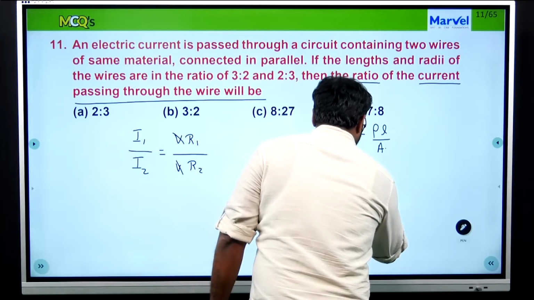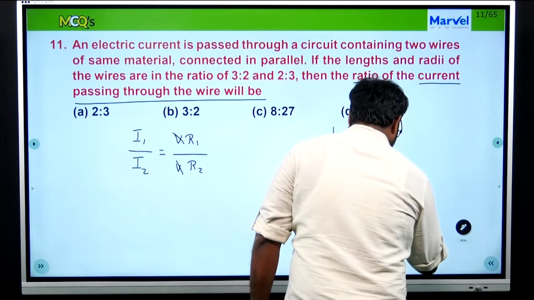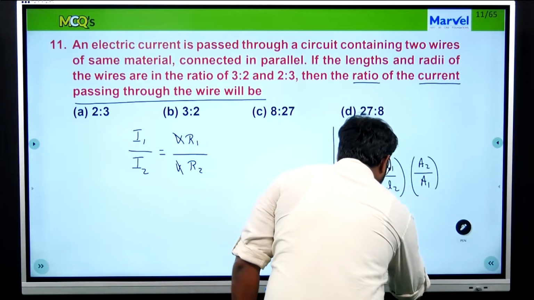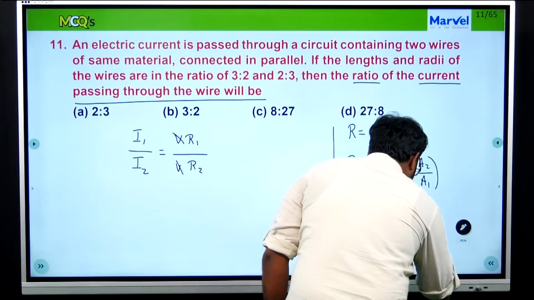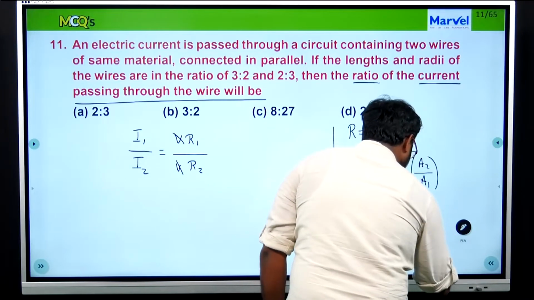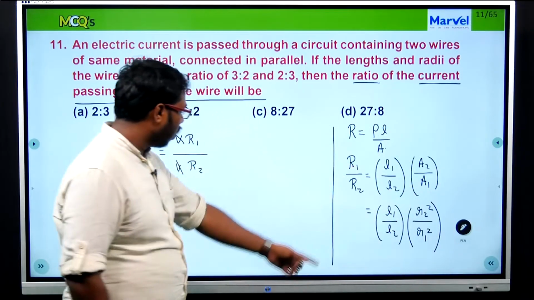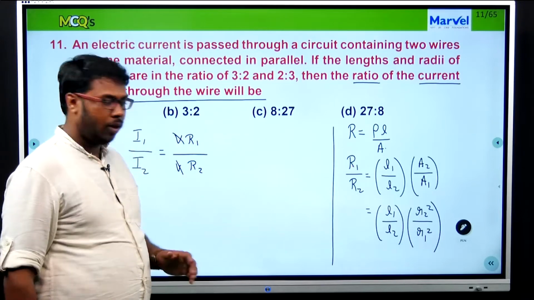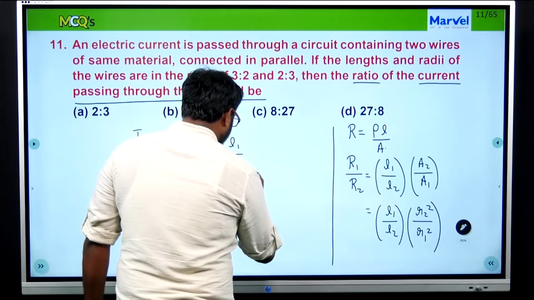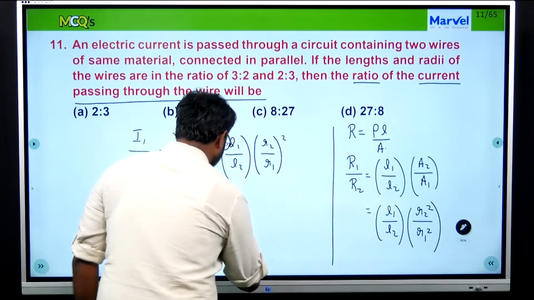So R1 by R2 is equal to L1 by L2 times A2 by A1, which is equal to L1 by L2 times r2 squared divided by r1 squared, which is L1 by L2 times (r2 by r1) the whole squared.